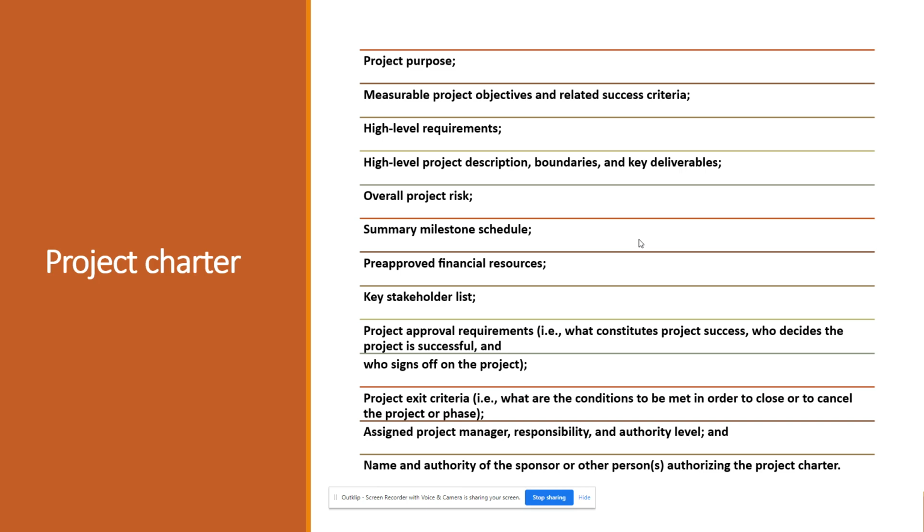High level means it's a broader level. It's not assessing each and everything in detail, because it is in the initiating phase. So there will be high level assumptions and high level requirements. The questions will be like this: in which phase will they identify the high level requirements or high level assumptions?